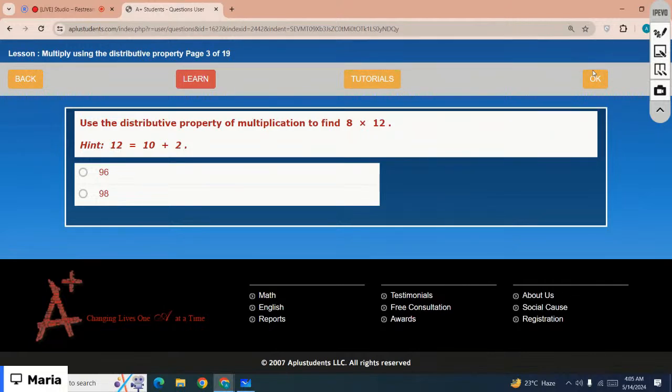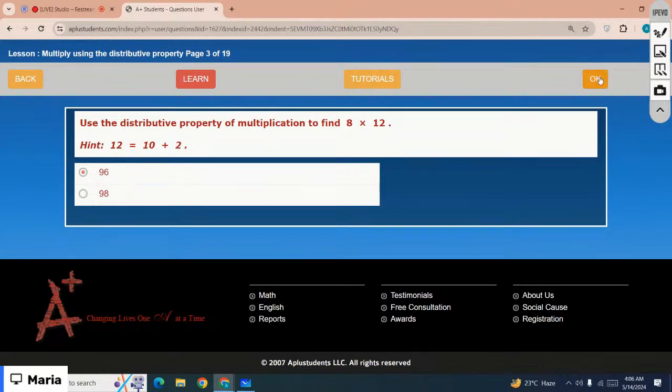So the correct option is 96. Twelve times 8 is 96.